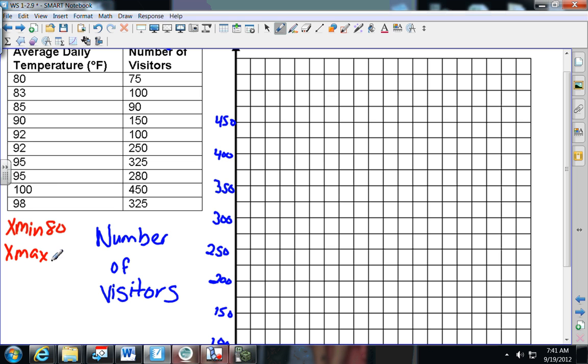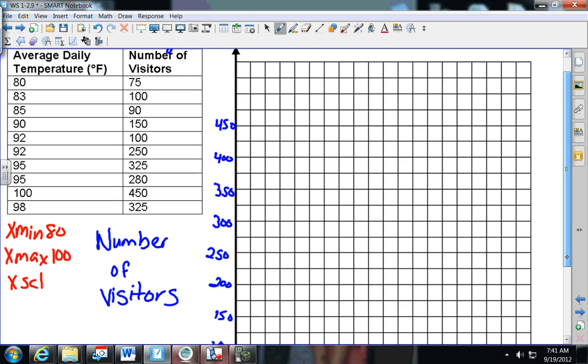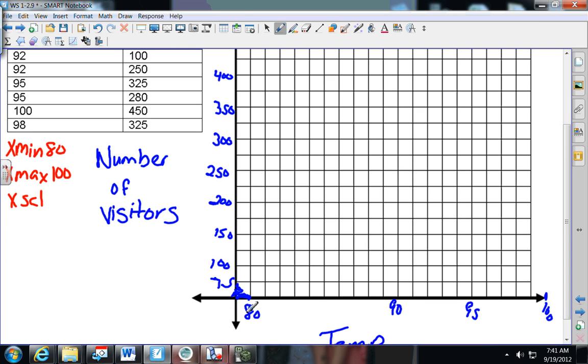The data we have is 100. Now, we're going to write X SCL, meaning scale. What did we go by on our graph right here? What is each line? 80, 81, 82, 83, 84, 85. Didn't we go by ones? Okay, so X scale is 1.